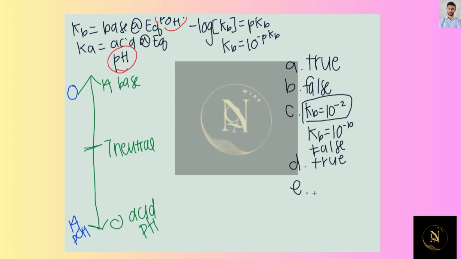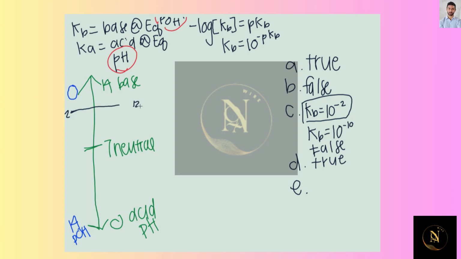Question E is asking: the stronger the base, the smaller the pKa. Once again, we're looking up here. If we look at the pOH, we would be around 2 or 3, and so the pH would be the opposite, around 12.